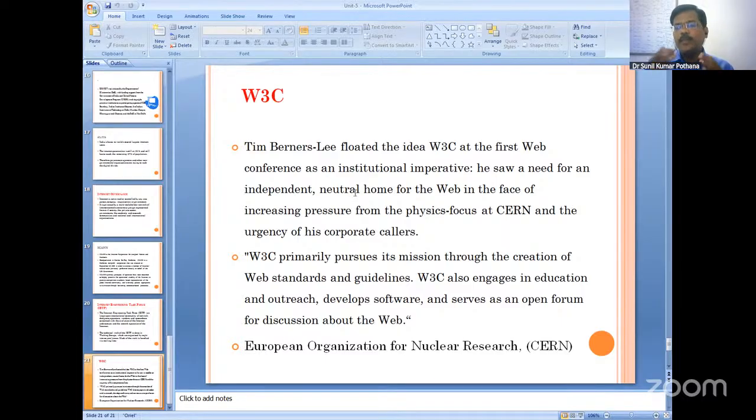W3C primarily pursues its mission through the creation of web standards and guidelines. W3C also engages in education and outreach, develops software and services, and is an open forum for discussion about the web.